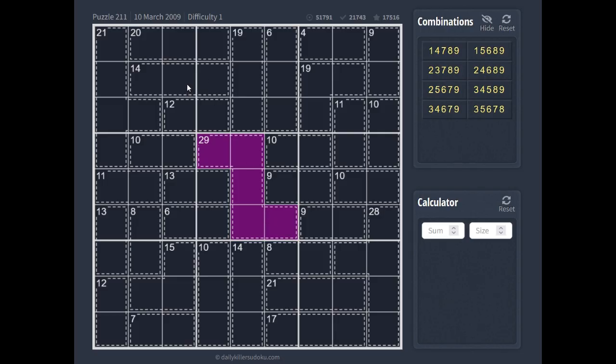My mom said, "Well, how do you see these?" And I said, you'll notice that in Killer Sudoku, a cage that contains multiple cells has this little inner dotted line that goes inside the cells that are part of that cage.